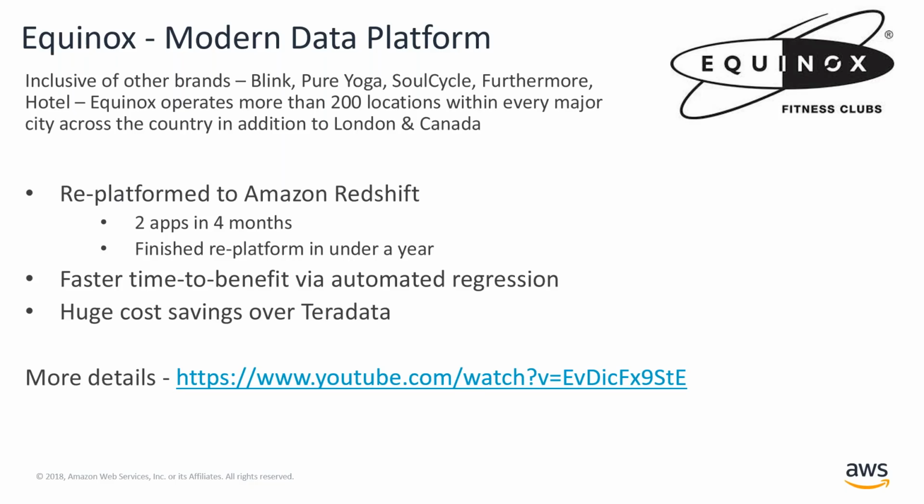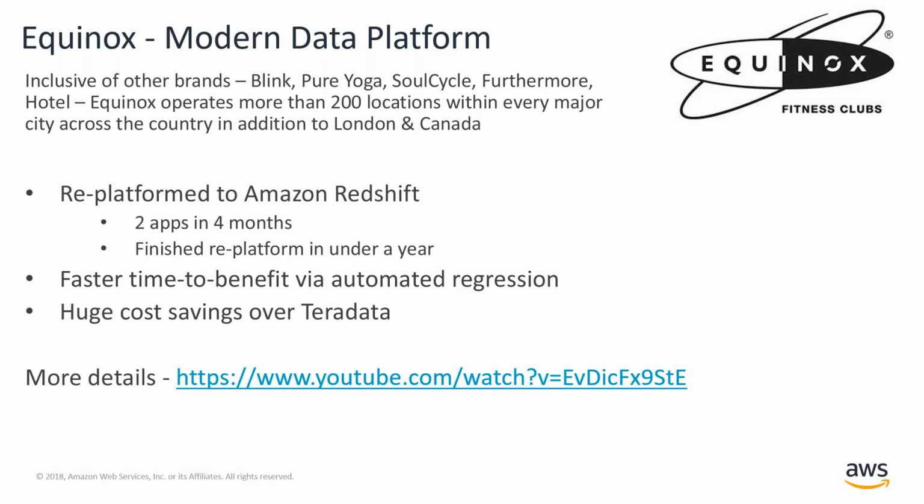And Equinox migrated from a legacy on-premise data warehouse to Amazon Redshift. Some of the key highlights that I pulled out of their presentation, with the full video link here at the bottom, are that they started off by moving 2 applications off the legacy system into Redshift in less than 4 months, and they completely re-platformed off of their on-premise data warehouse in less than a year.